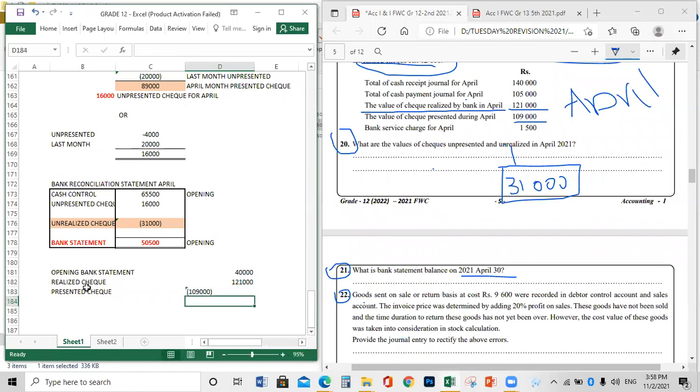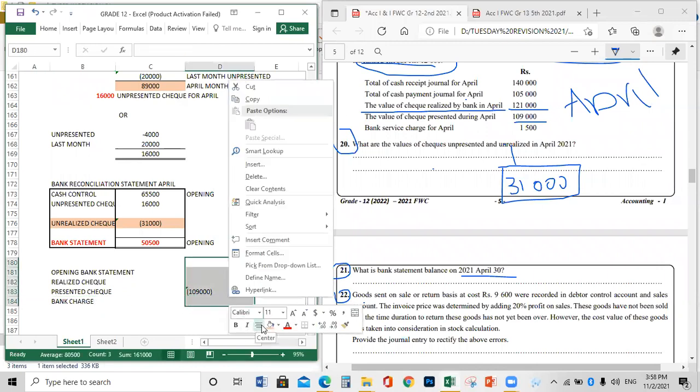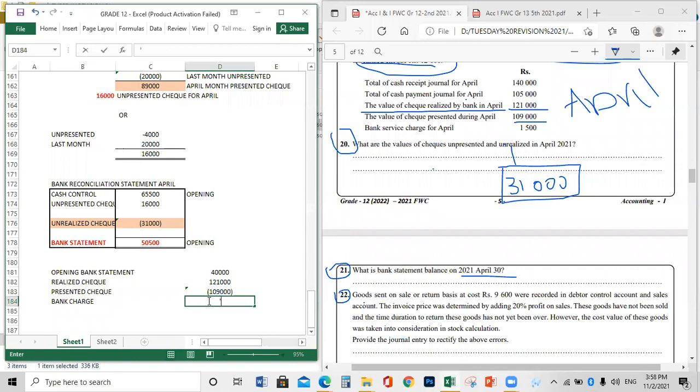And then there is a bank charge. You should deduct the bank charge, because it will reduce your bank statement balance. Bank charge is 1,500. Now get the answer. I hope we get the same answer.